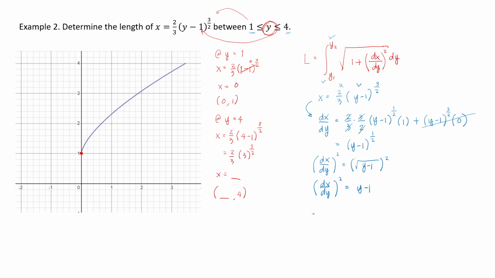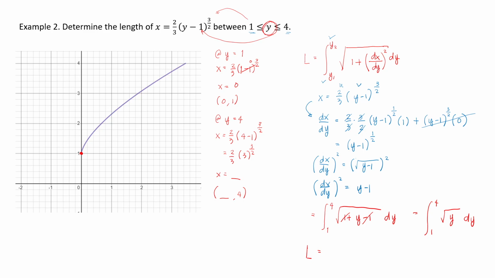So evaluating now the integral. So this is from 1 to 4, and then the square root of 1 plus y minus 1 dy. So cancel out 1, positive 1 and negative 1. This would give you just the integral of square root of y dy from 1 to 4. And then evaluate the answer.